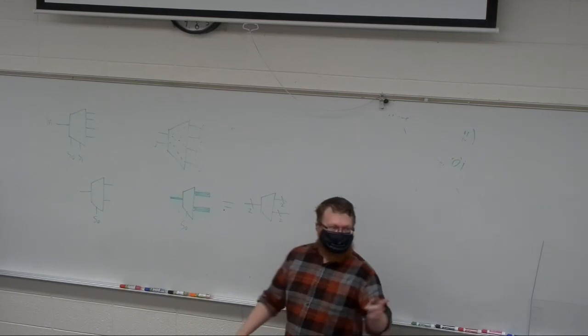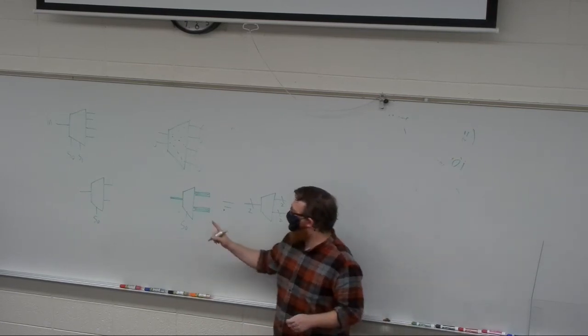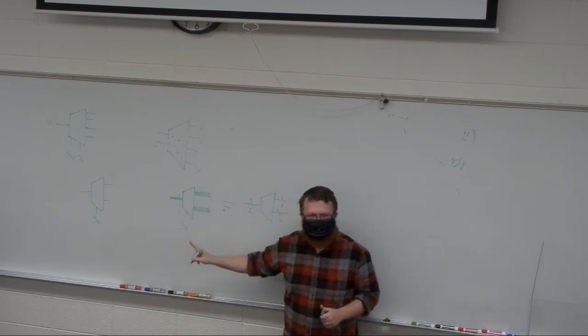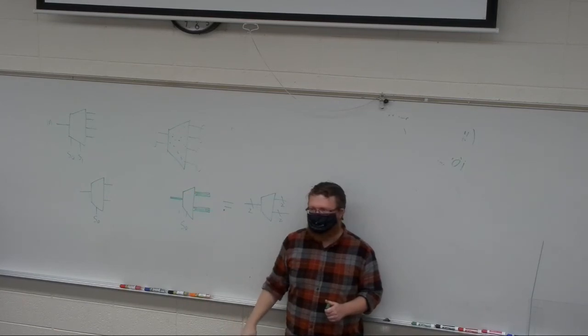Do any of you see how this gets implemented? One to two multiplexer with two bits, and then you put this and this up.